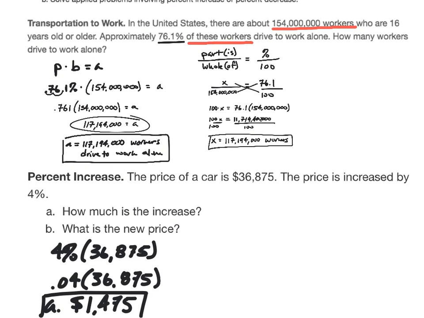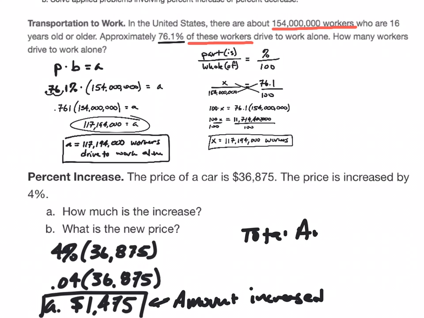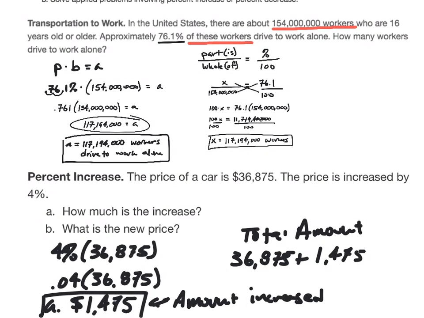But I want to know, what's the new price? So the price of the car is not $1,475. This is the amount increased. If we want the total amount, then we want to take 36,875 and add 1,475 to that.